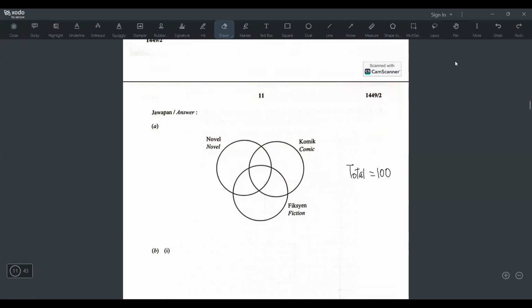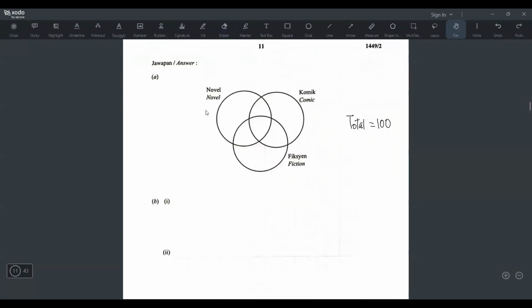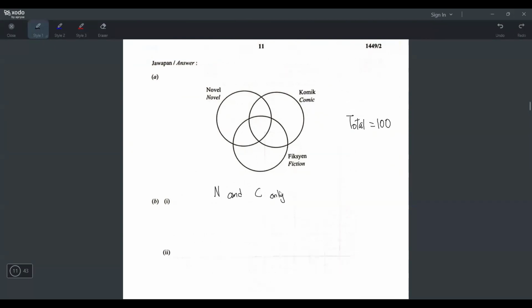So let me explain what only is. Let's not look at the question first. Can you tell me, if I say novel and comic only? Novel and comic only. It refers to here only.